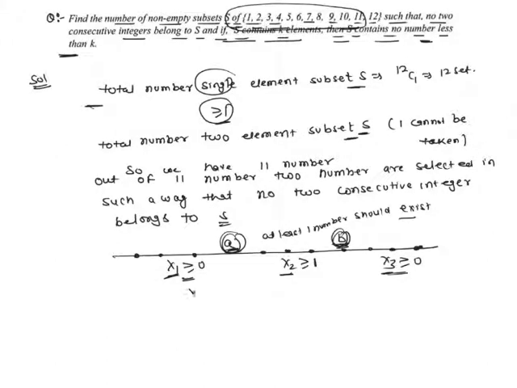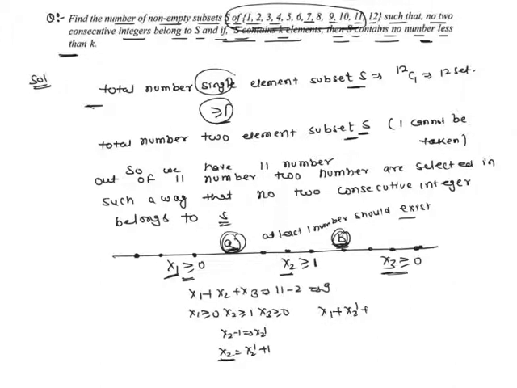So from here we get x1 plus x2 plus x3 equals 11 minus 2, that is 9, where x1 is greater than or equal to 0, x2 is greater than or equal to 1, x3 is greater than or equal to 0. If I put x2 minus 1 equals x2 dash, where x2 equals x2 dash plus 1, we get x1 plus x2 dash plus 1 plus x3 equals 9.